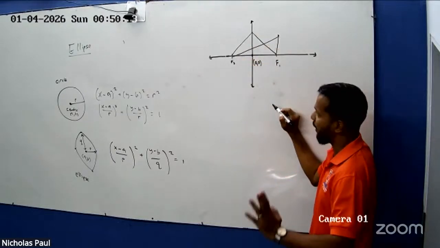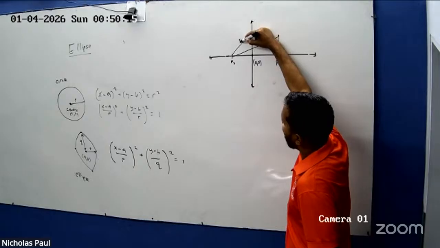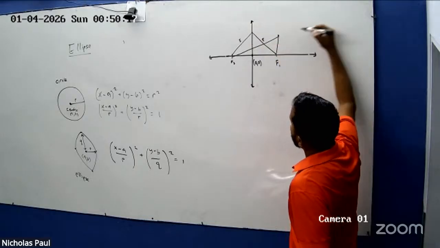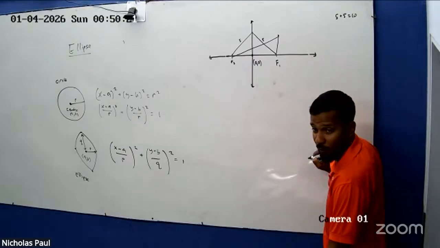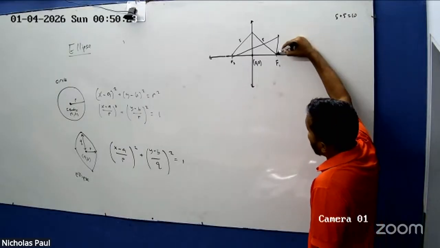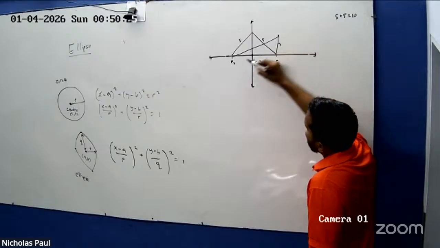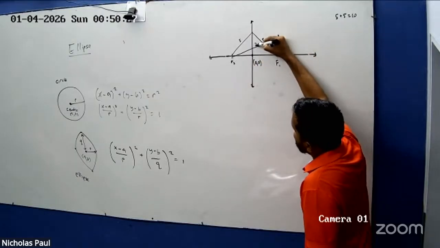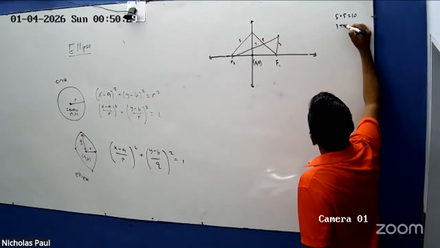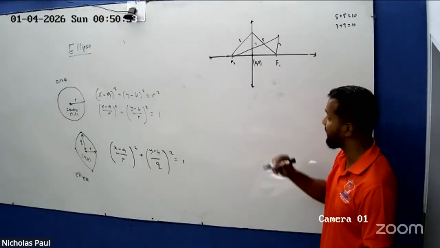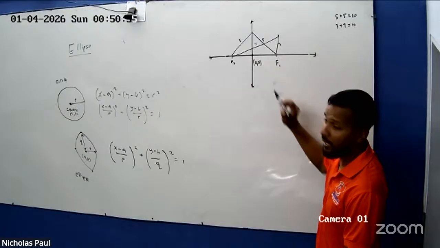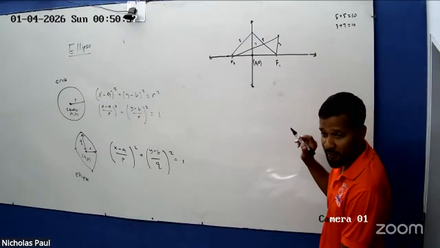Let me make up some numbers. Let's say here's 5 and here's 5. When I sum the distances, I get 10. Now if the next point is here, the distances might be 3 and 7, so you're getting 3 plus 7, 10. So when you sum the distances from the foci, you're always going to get the same thing.